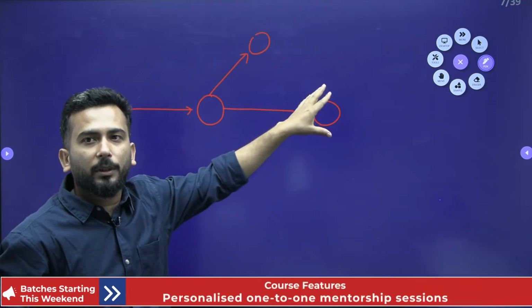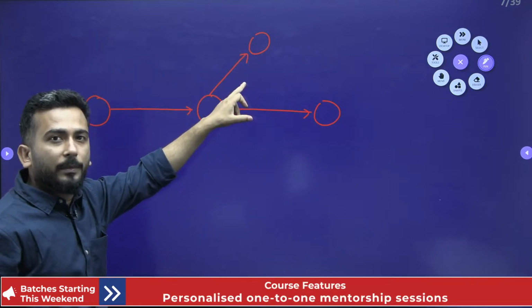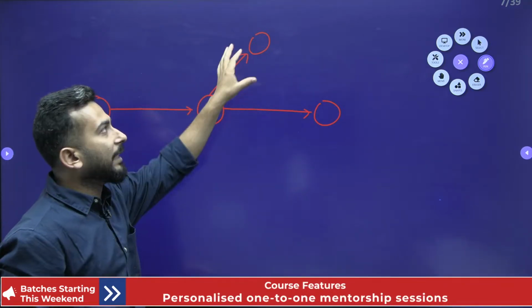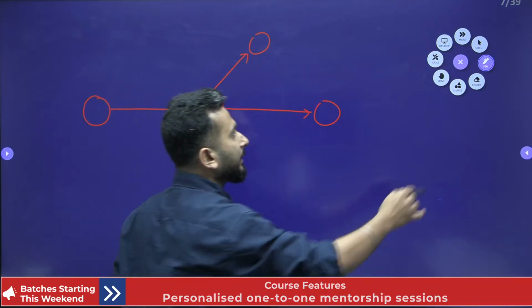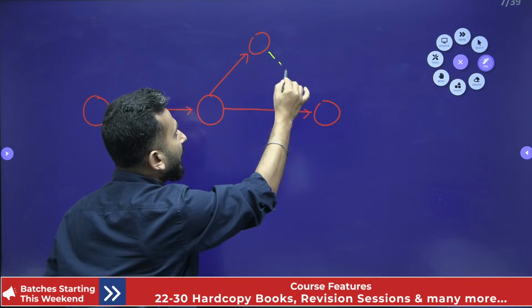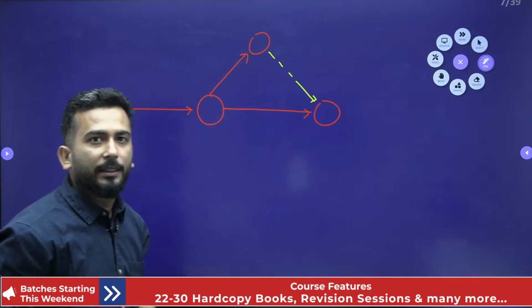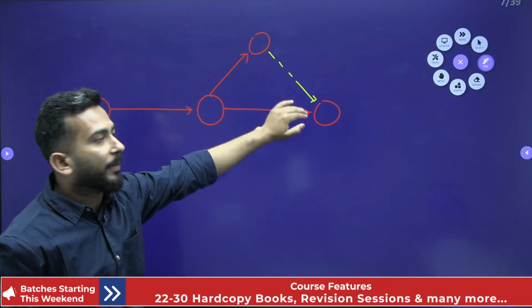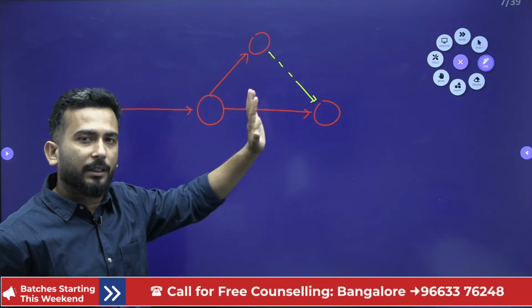This is not allowed. You cannot leave an event like this hanging in the air. So what you have to do is ultimately connect it to the end part. This is called dangling. This is not allowed. You have to connect it to the end part.